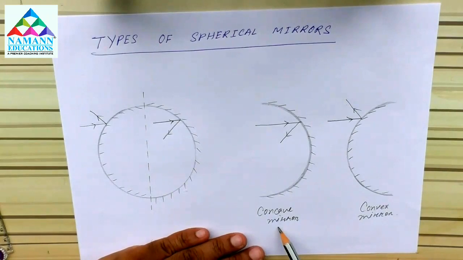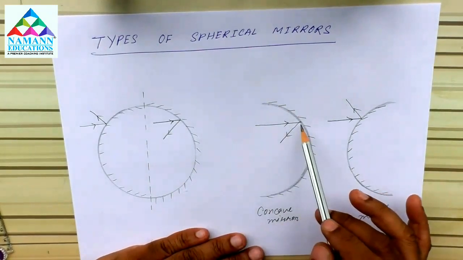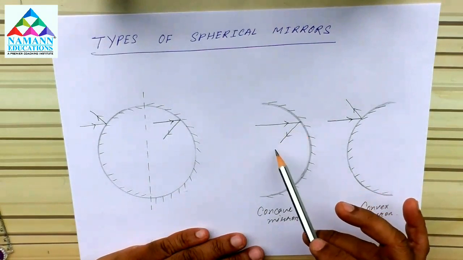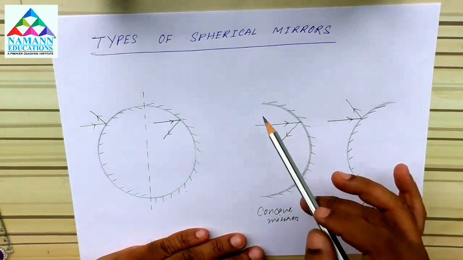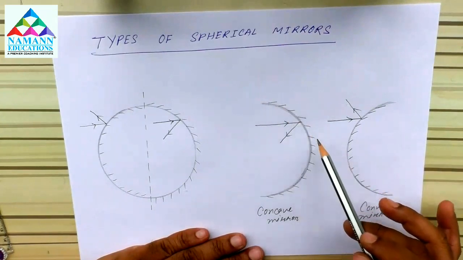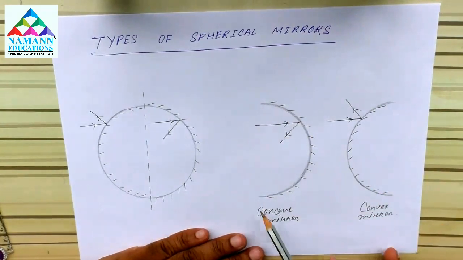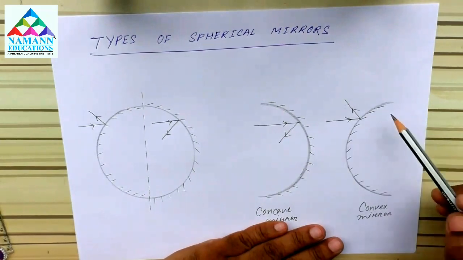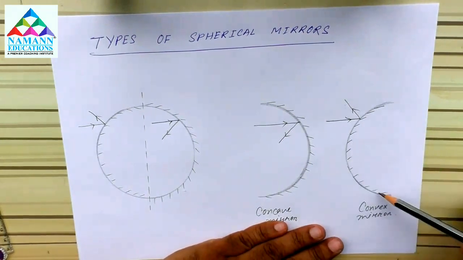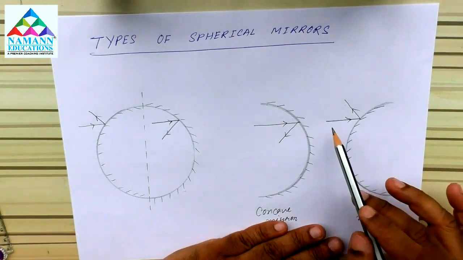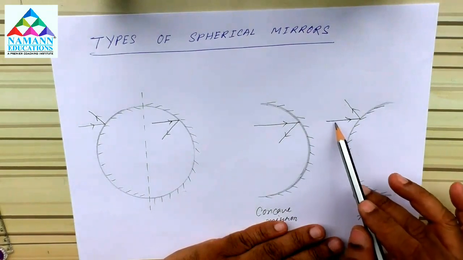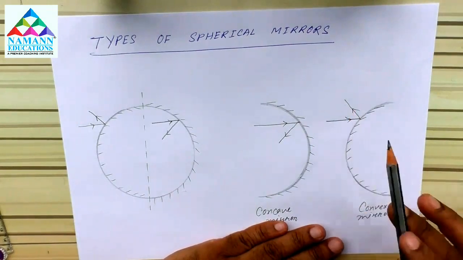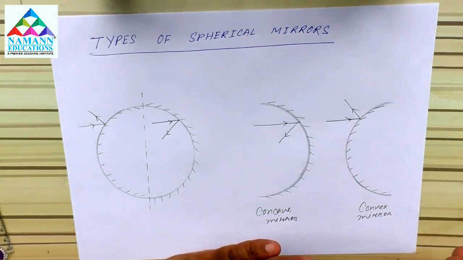A concave mirror is a type of spherical mirror in which reflection takes place from the bent in surface or concave surface and which is polished from the outer surface. A convex mirror is a type of spherical mirror which is polished from the bent in surface and in which reflection of light takes place from the outer surface, or we can say bulging out surface.